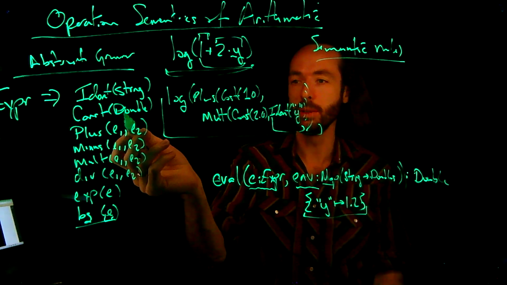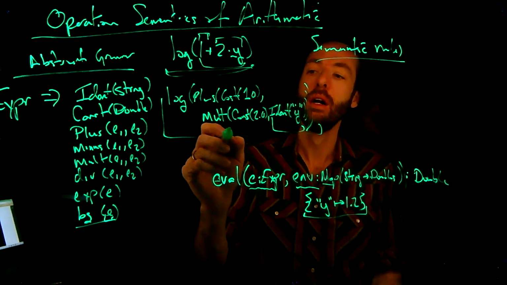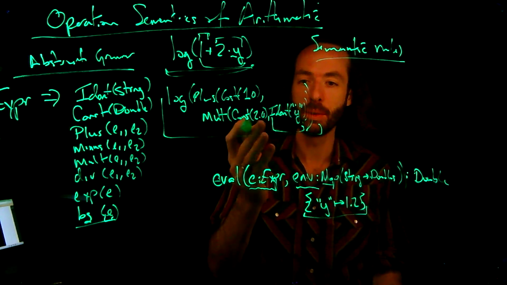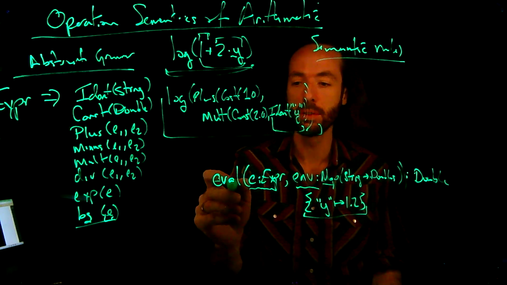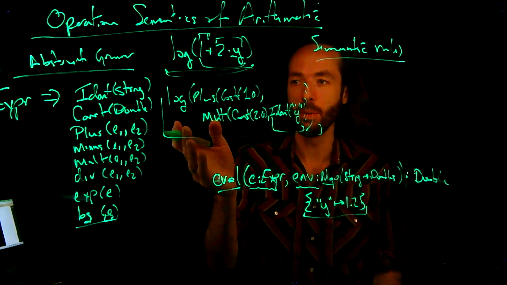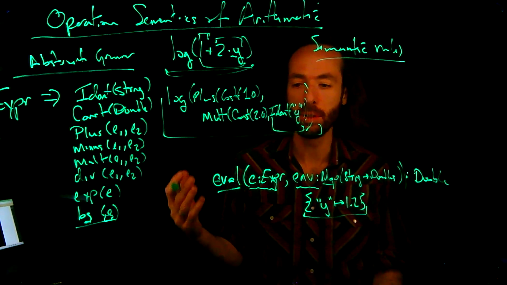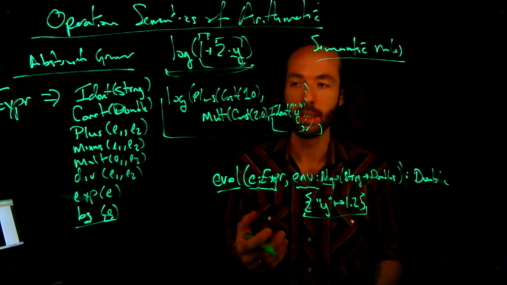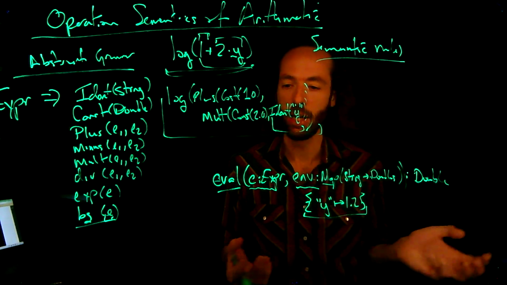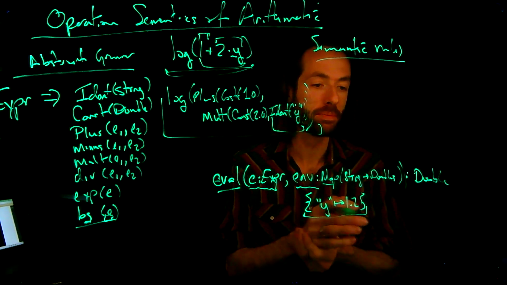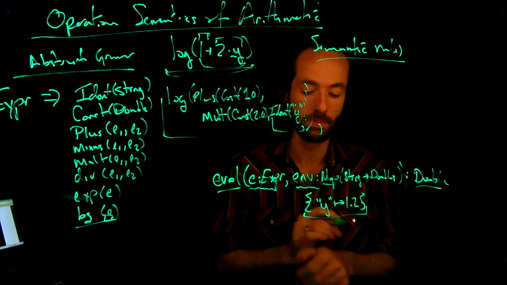So we need a rule that says what do we do when we see a const. And likewise, we see a mult and another const, and we have an identity, and so we have to come up with rules for eval that will evaluate each one of these things in turn. And then eval will just recursively call itself to get all of the component parts it needs, and then it will recombine all of those and return a number. All right, that's why we just have a double here.